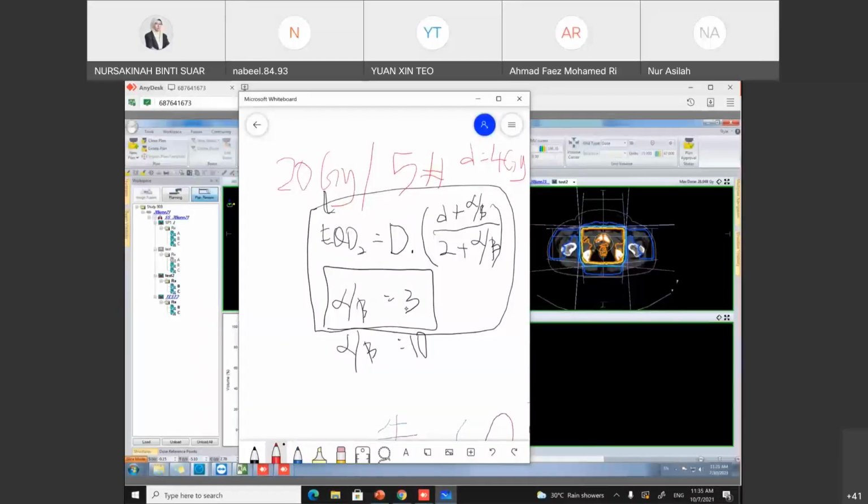So what is the equivalent dose to this prescription? You can calculate now. I give you 3 minutes. If you have the answer, you can type in the chat box or you can straight away answer.